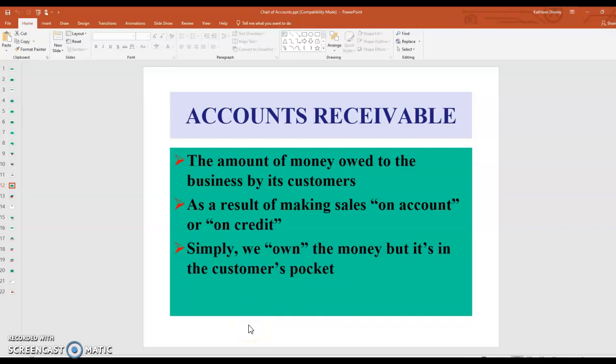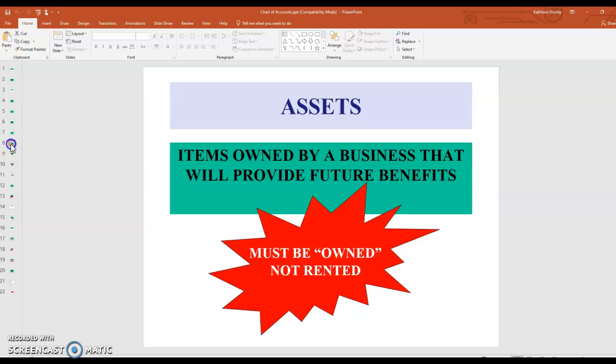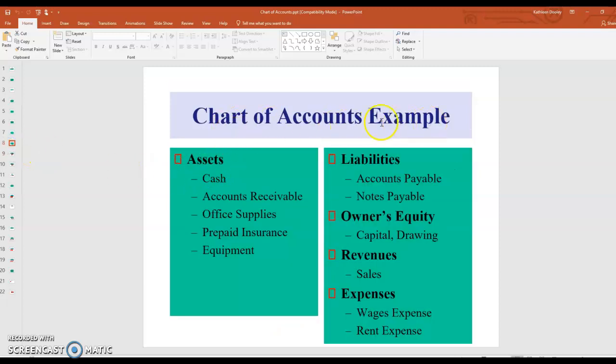Okay, so let's take a look at the second part of this first PowerPoint on the chart of accounts. Now, we left off by looking at accounts receivable. We had looked at an example of a chart of accounts.